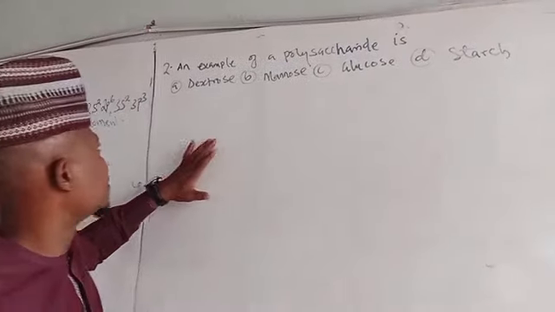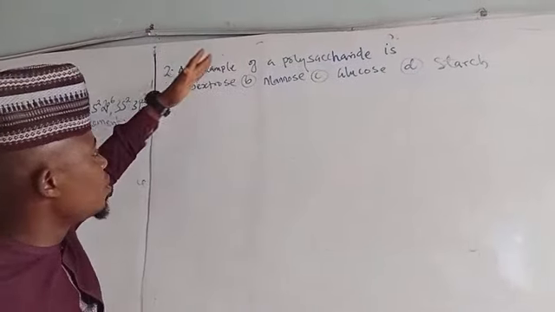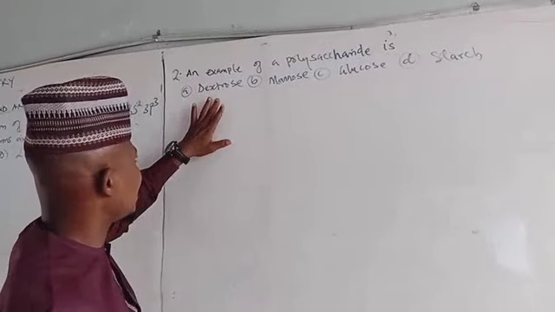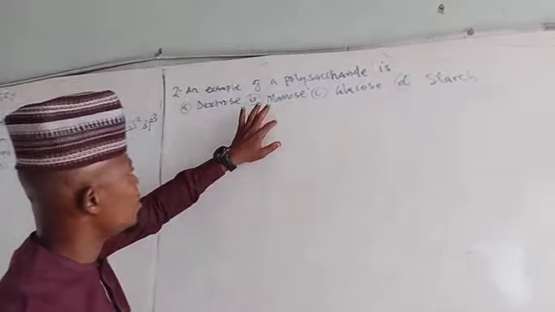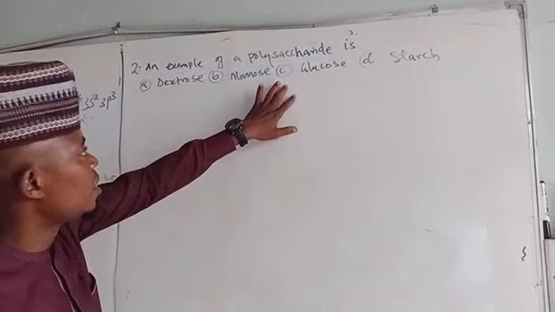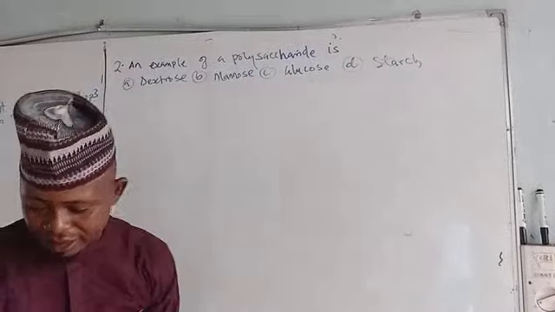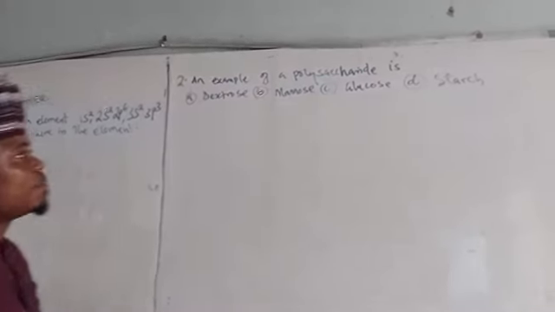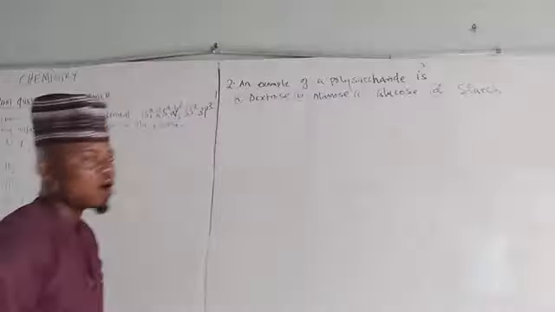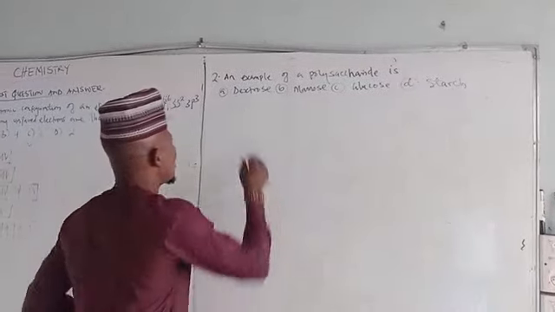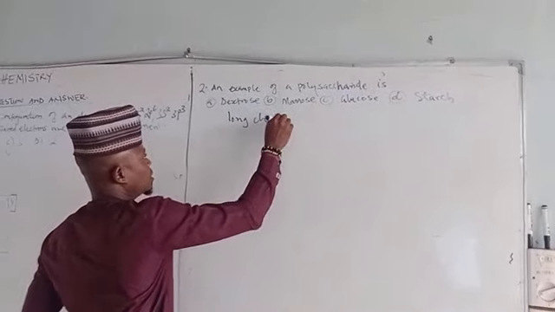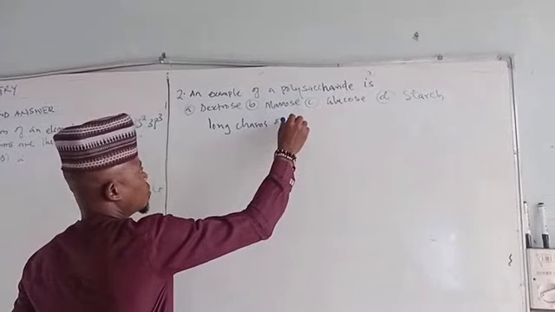Alright, second question. An example of a polysaccharide is: A, dextrose; B, mannose; C, glucose; D, starch. Remember, polysaccharides are simply long chains of monosaccharides.